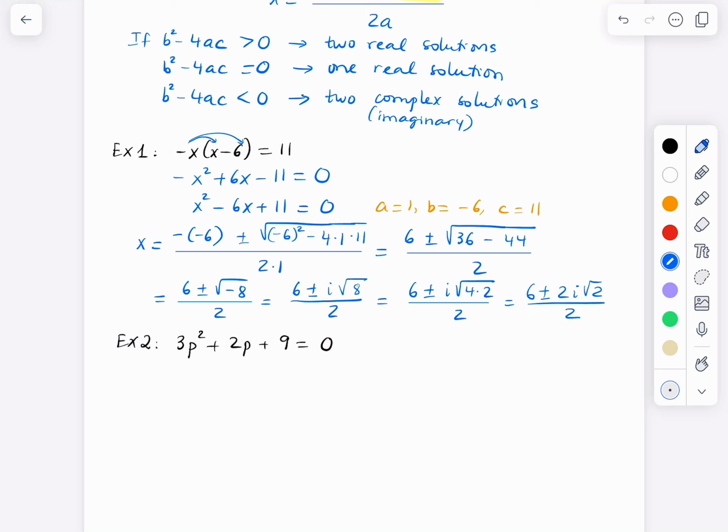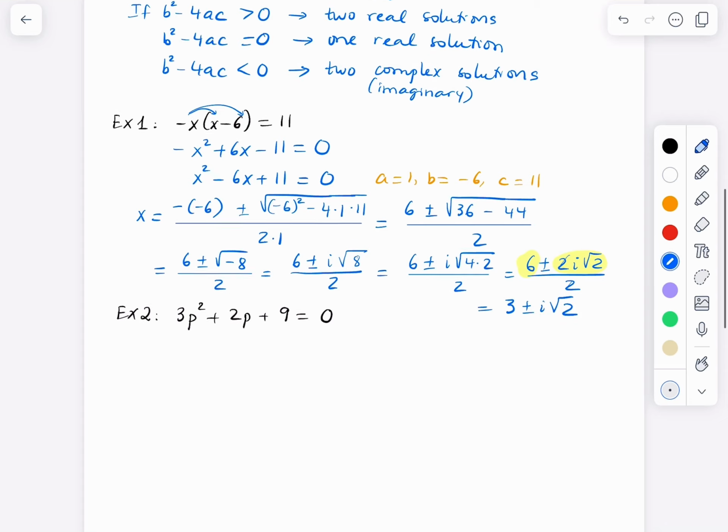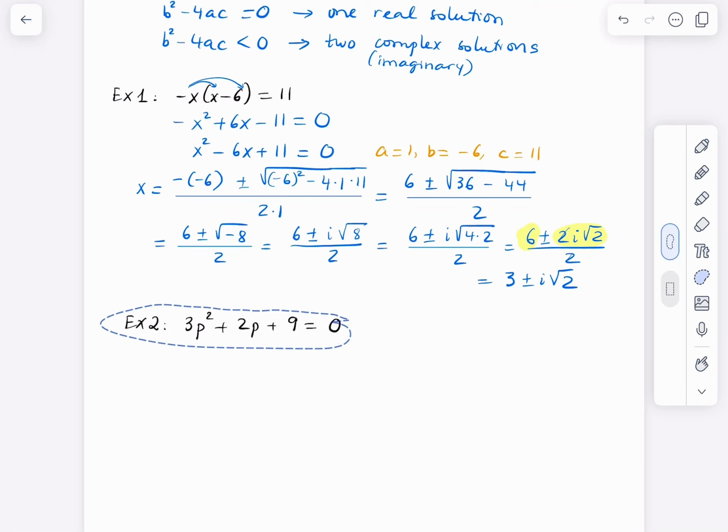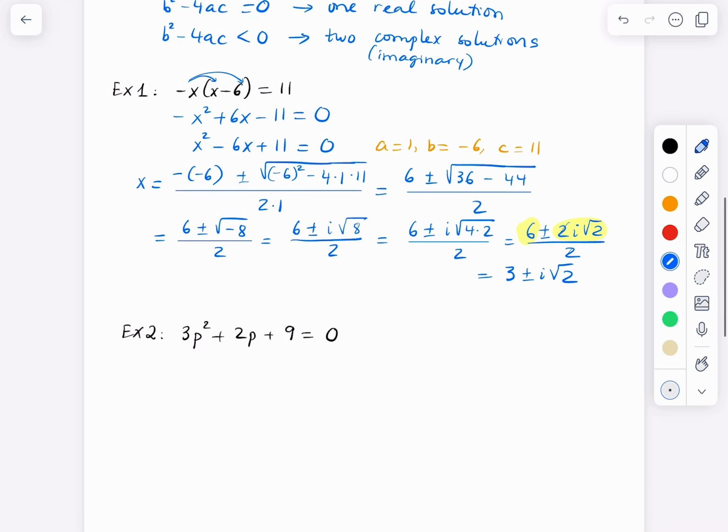Now I can just divide each term in the numerator by that 2 in the denominator. 6 divided by 2 is 3, plus or minus. The 2 and 2 will cancel, so that will give us i square root of 2. So as you can see, we ended up with two distinct imaginary solutions, and they are 3 plus i square root of 2 and 3 minus i square root of 2.